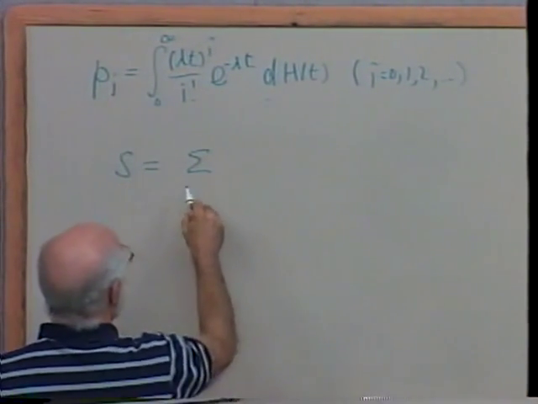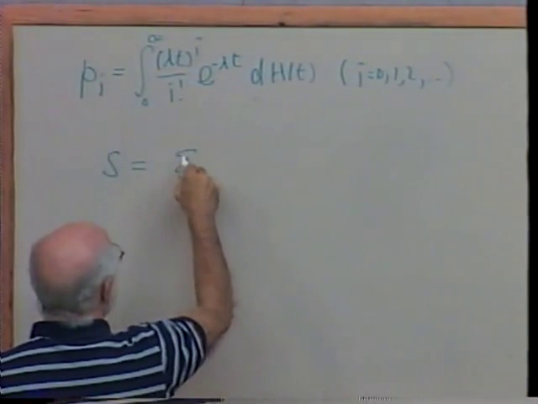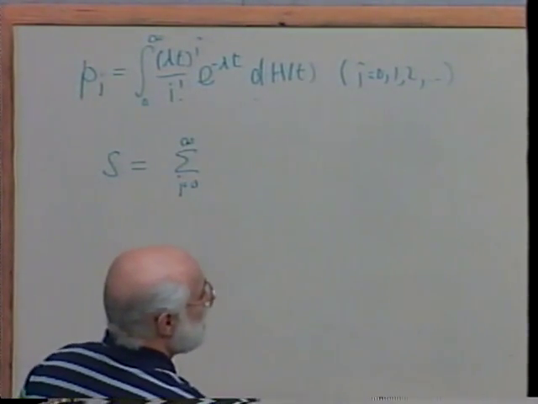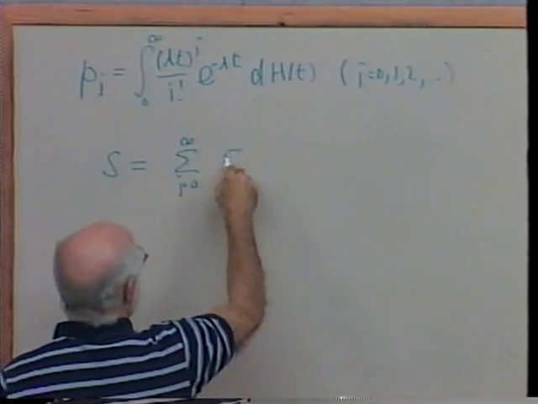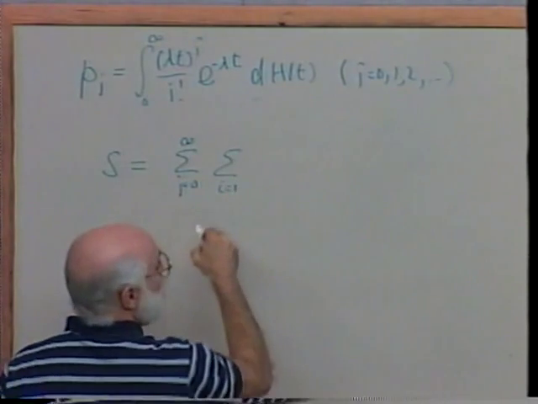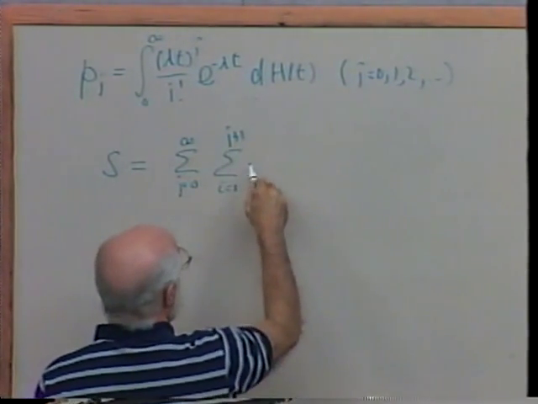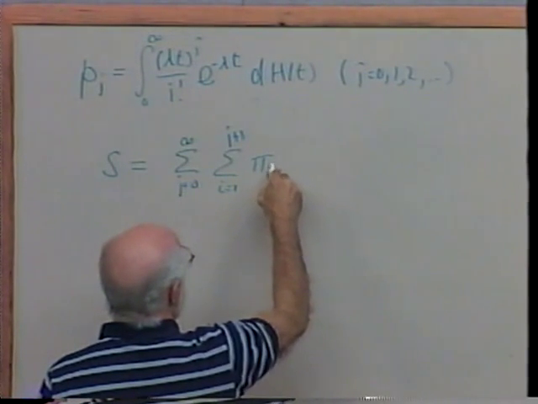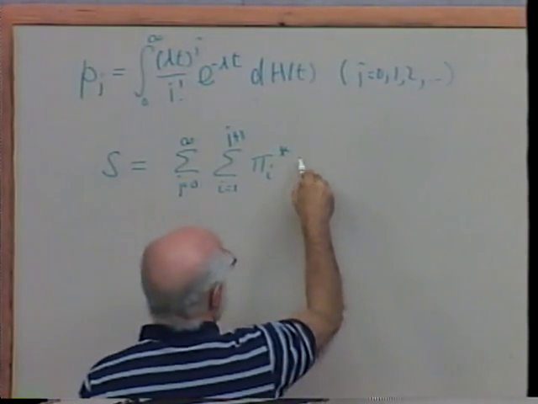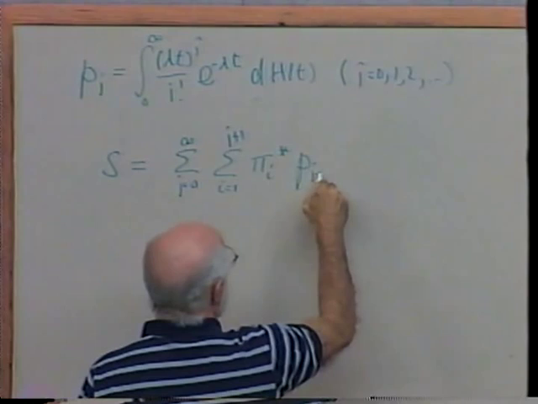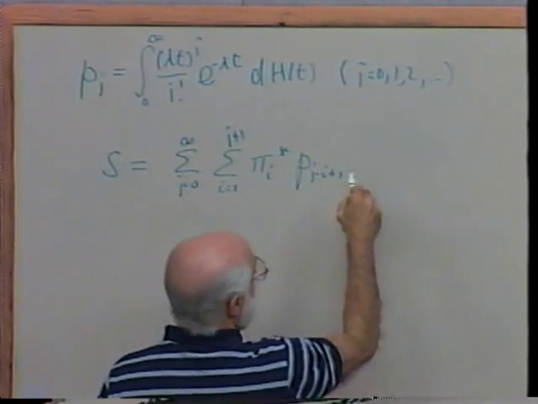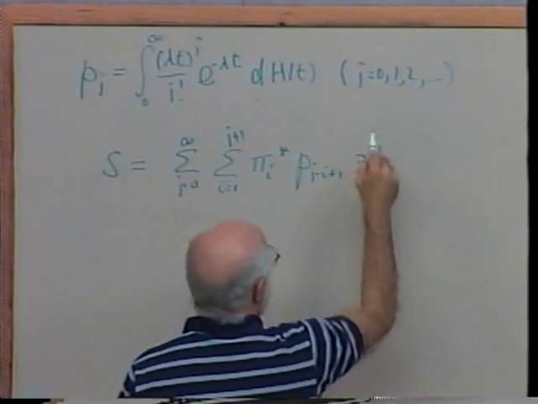It's a sum as j runs from 0 to infinity. Then I've got the sum as i runs from 1 to j plus 1 of pi i star p j minus i plus 1 z to the j power.